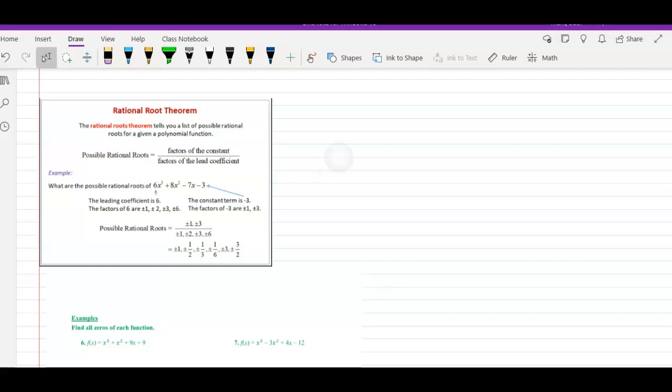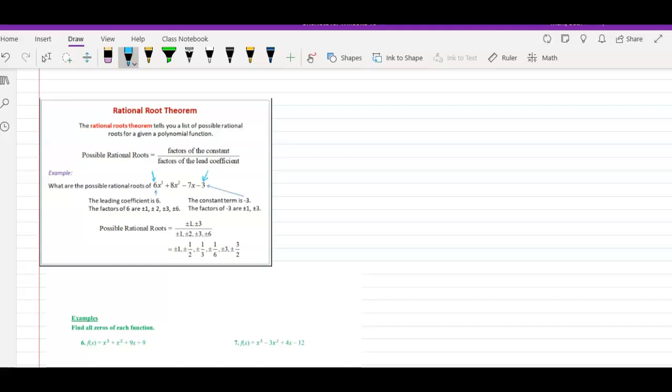Basically you're going to take the constant right here and look at the leading coefficient over here and make a ratio of their factors. So all the factors of -3 would be 1, 3, -1, -3. You can divide -3 by all 4 of those numbers.